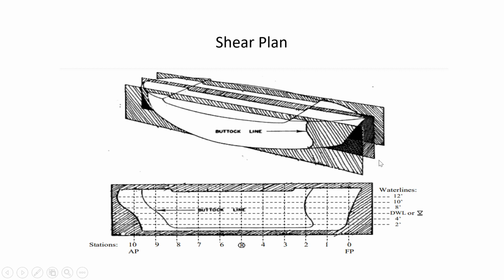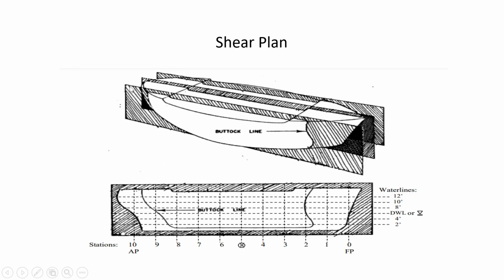Therefore, this plane is called the X and Z plane. That is, this is the x-axis and this is the z-axis. When we cut this plane and I remove this forward part, the shape which we get is called the outer shape. The net available shape at that point is called the outer shape.